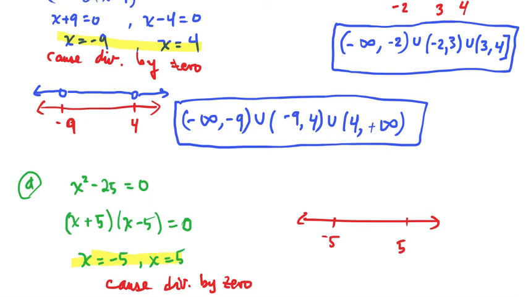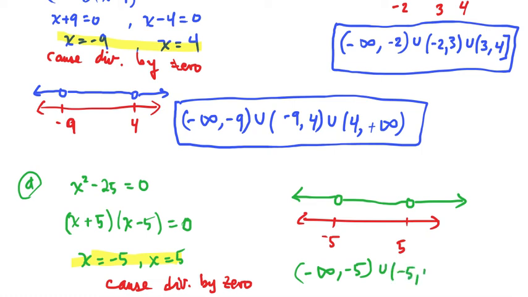So we can represent this as all negative numbers up to negative 5, every number between negative 5 and 5, and every number bigger than 5. So in interval notation, negative infinity to negative 5, in union with negative 5 to 5, in union with 5 to positive infinity.